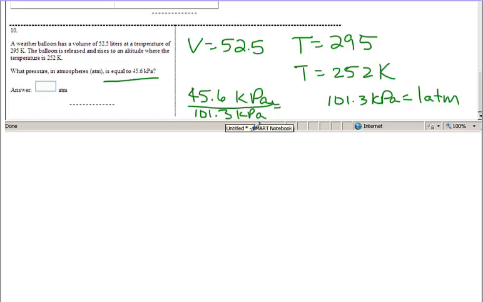Punch in 45.6 and divide that by 101.3, and that gives us about 0.45 atm. So the answer is 0.45 atm for the conversion.